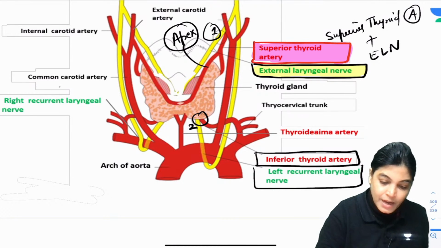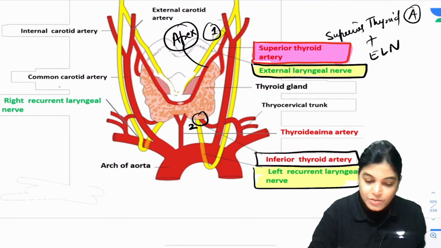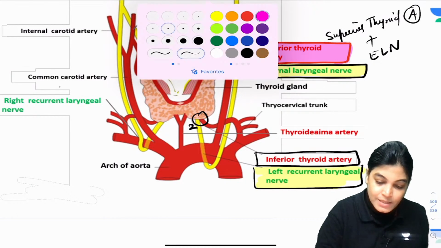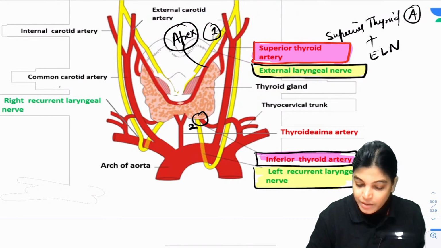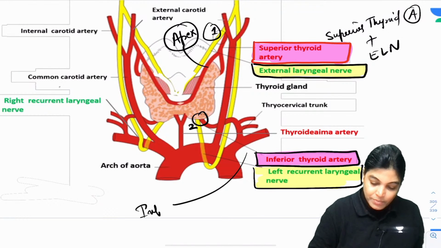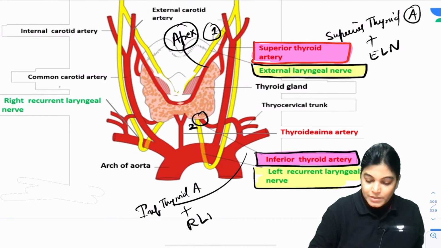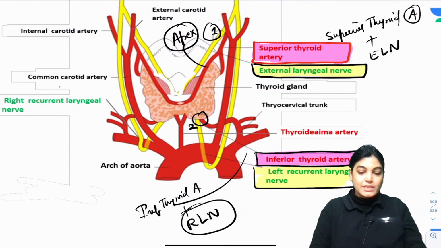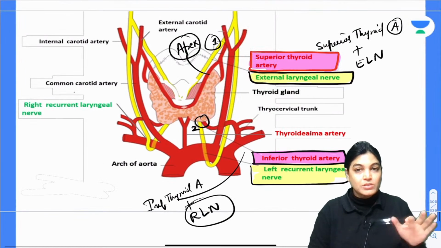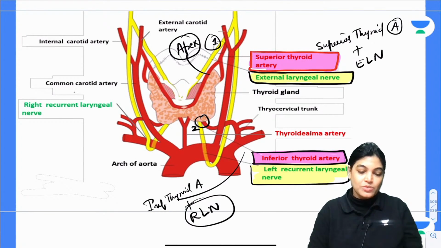So if inferior thyroid artery is injured, recurrent laryngeal nerve is injured, and we know that recurrent laryngeal nerve gives innervation to all the intrinsic muscles of larynx and also sensory innervation to the lower part of the mucosa.